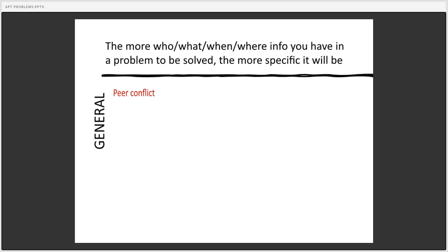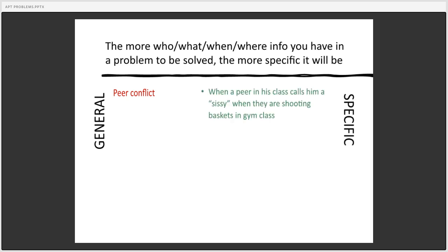So let's look at some examples of problems to be solved that are too general to start with, and then how could we, if we drilled down and got more information, get a more specific problem to be solved. So peer conflict, super general, right? So, asking those who are they having conflict with? What's the conflict about, right? When and where does it happen? We might get this: when a peer in his class calls him a sissy when they're shooting baskets in gym class.